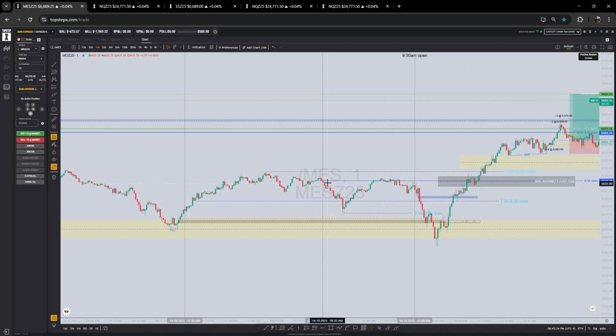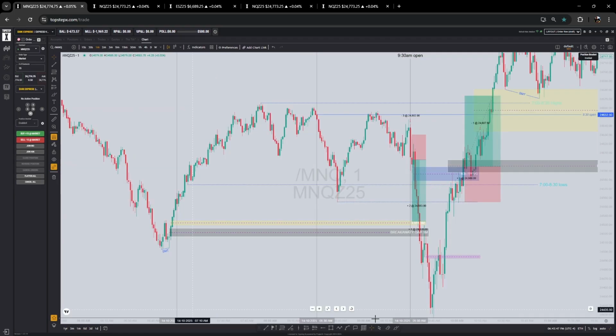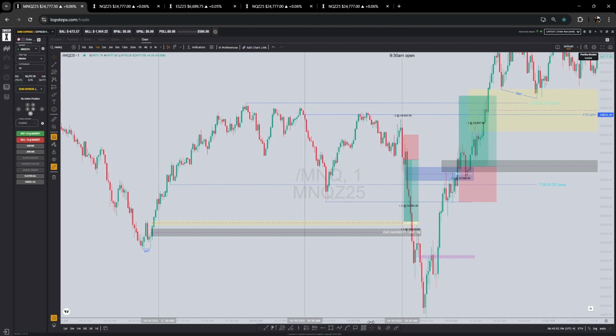We mark these opens to see if price is in a discount or in a premium. After we do that for both assets, NQ and ES, we mark out the open and the lows and highs between 7 a.m. and 8:30 a.m.